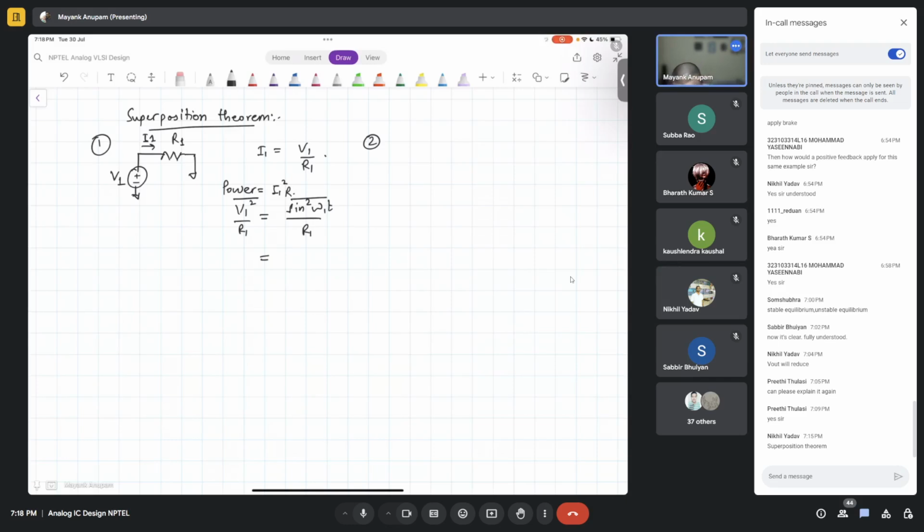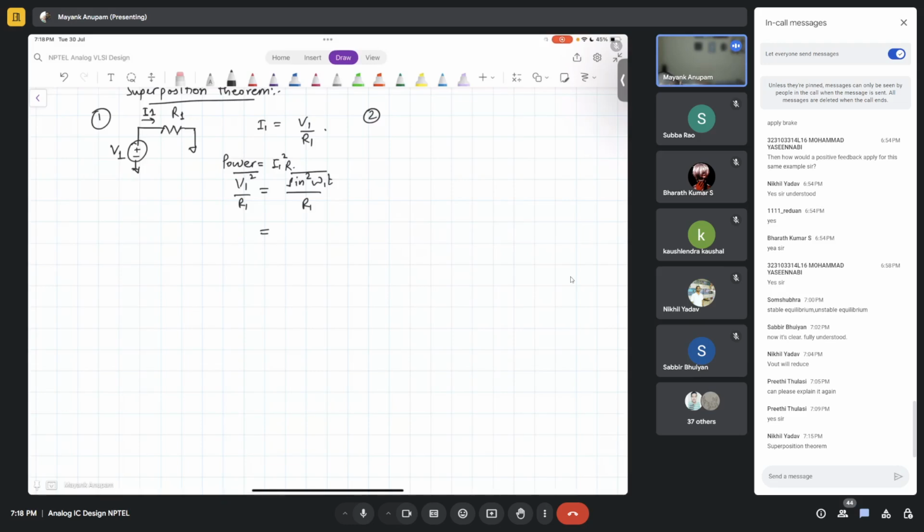If you do not remember VRMS and all those things, then it is very simple, isn't it? It is 1 minus cos of 2 omega 1t divided by 2, into R, the whole thing averaged, right?